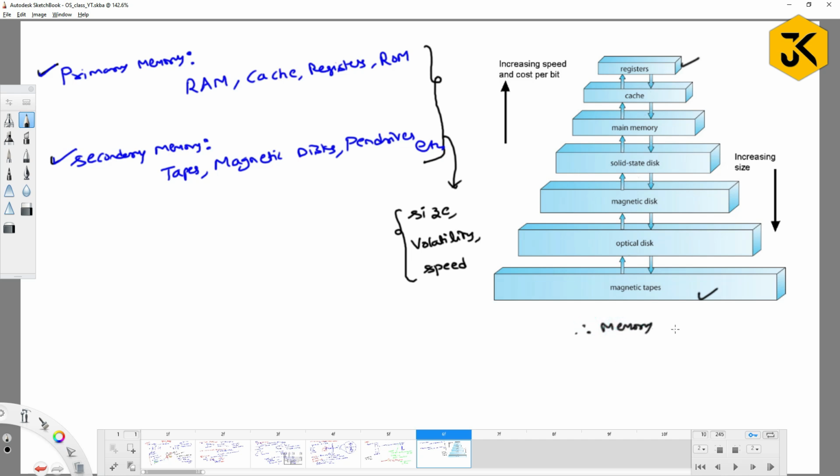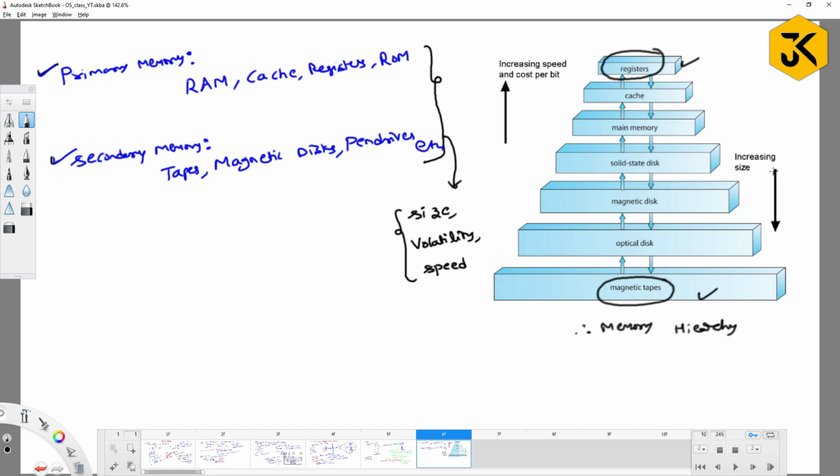We can call this the memory hierarchy. Registers are at the top level and magnetic disks are at the lowest level. If you look into the size factor, registers have less size, and magnetic tapes have vast capacity. That is what this arrow indicates.